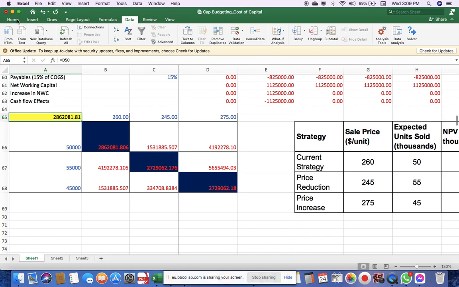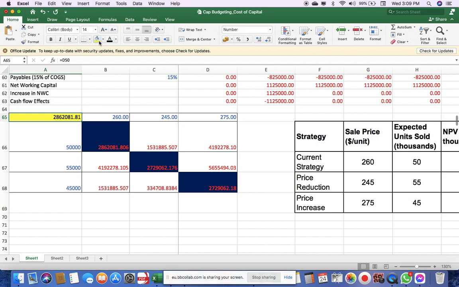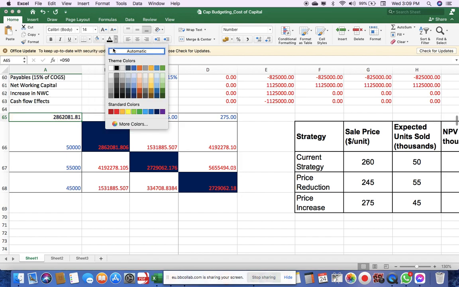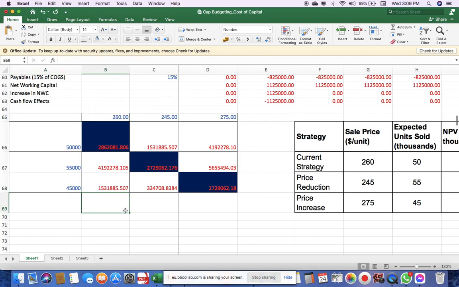Once you do that, you make magic. Magic means you disable, for example, the color. There will be no fill and the number, so no one will understand you have given a formula here. Now if the price becomes 260, units become 50,000, the NPV will be 2.86 million. If price is 260, units sold is 55,000, NPV will become 4.19 million.